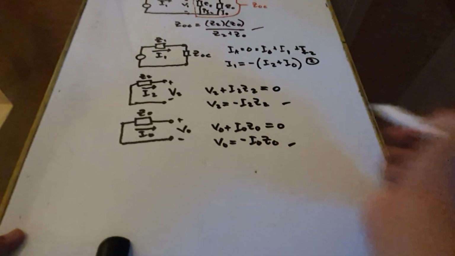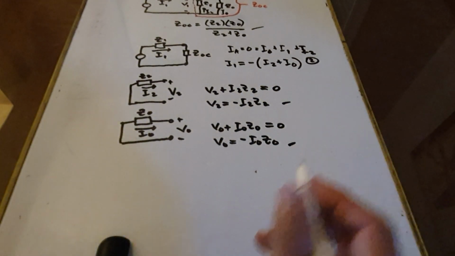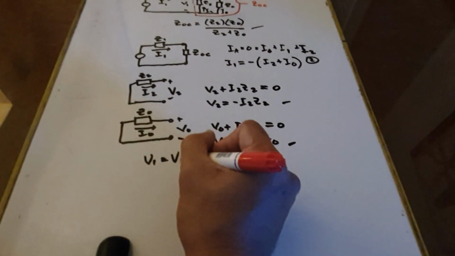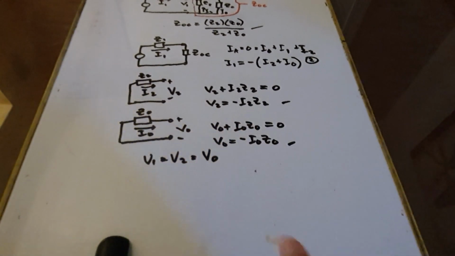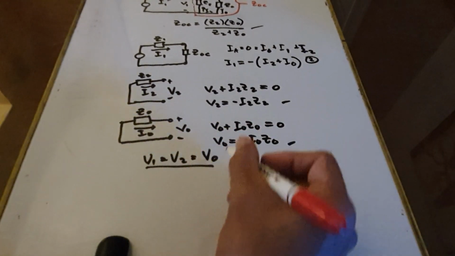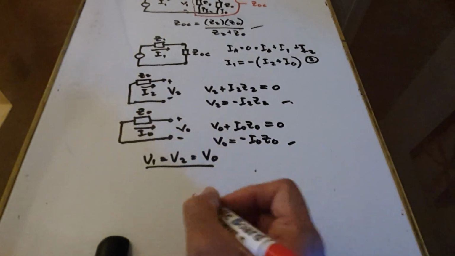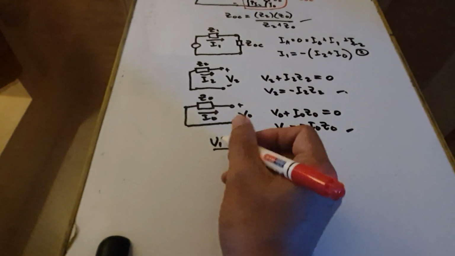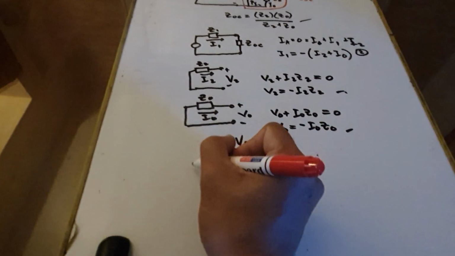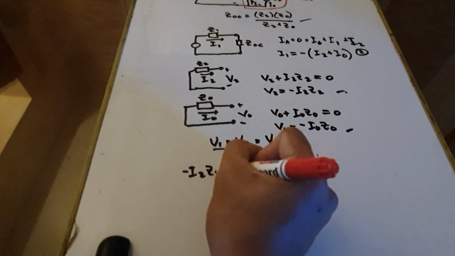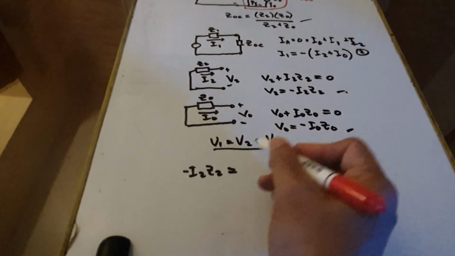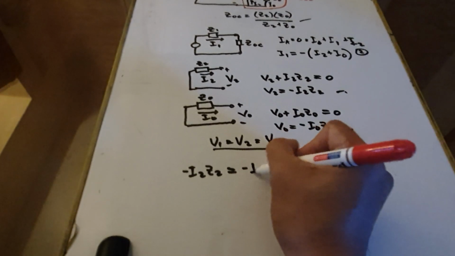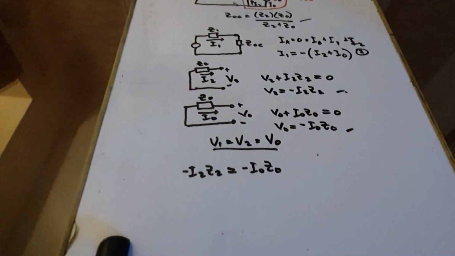Okay, now since V1 is equal to V2 is equal to V0, right? So therefore these two formulas, if we equate them, V2 is equal to negative I2 Z2 is equal to V0 is equal to negative I0 Z0, right?